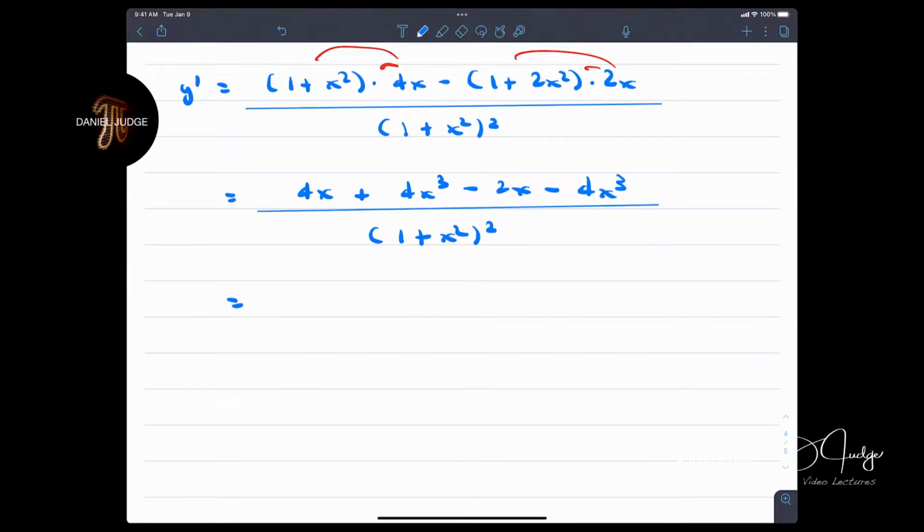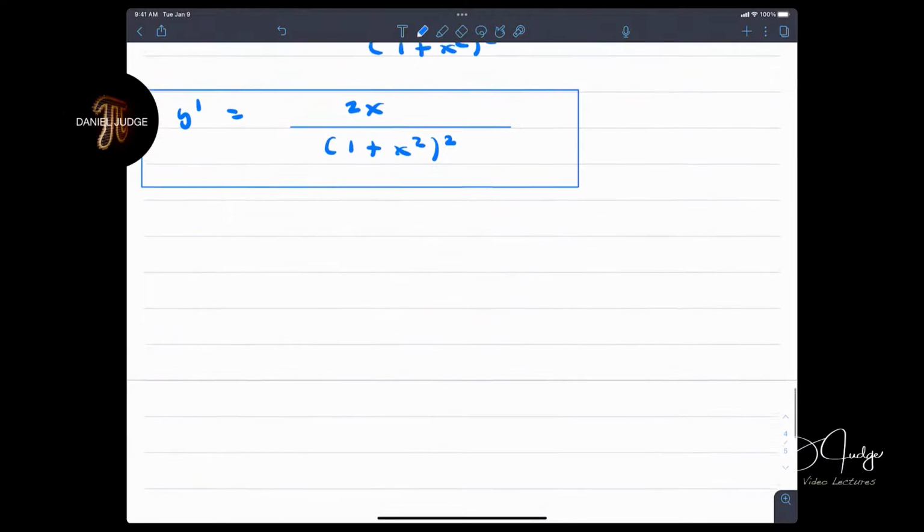Just double checking the algebra. Notice the 4x cubes go away. 4x minus 2x, you're left with just a 2x here. Okay, first derivative.